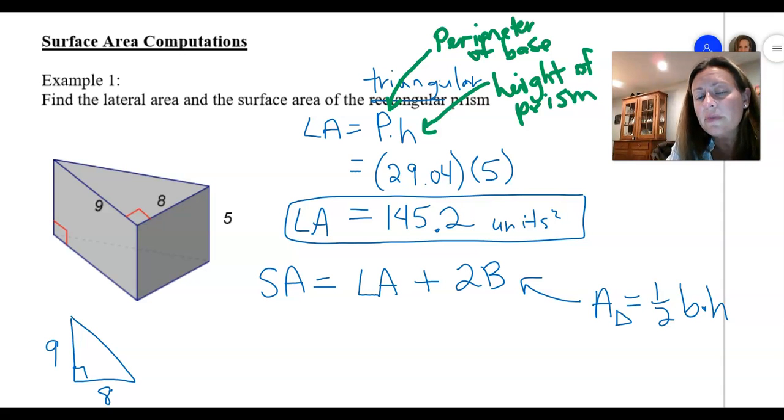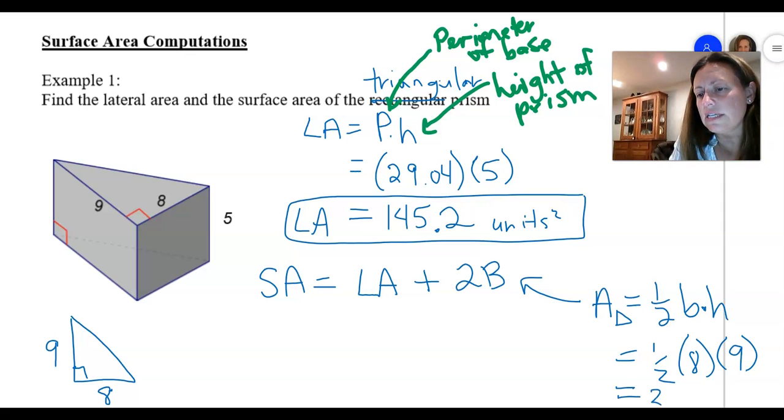So the area of one of the bases here is just a triangle. I'm going to plug it in over here: 1/2, the base of the triangle is 8, and the height of the triangle is 9. So 4 times 9 is 36. That means each of the triangular bases has 36 as its area.